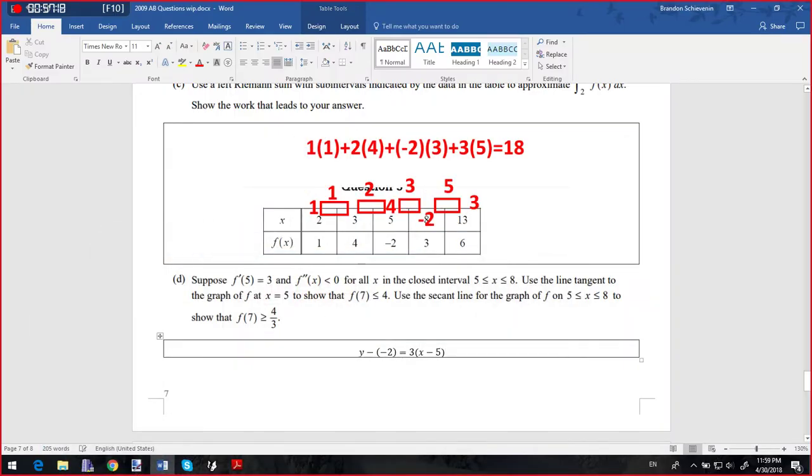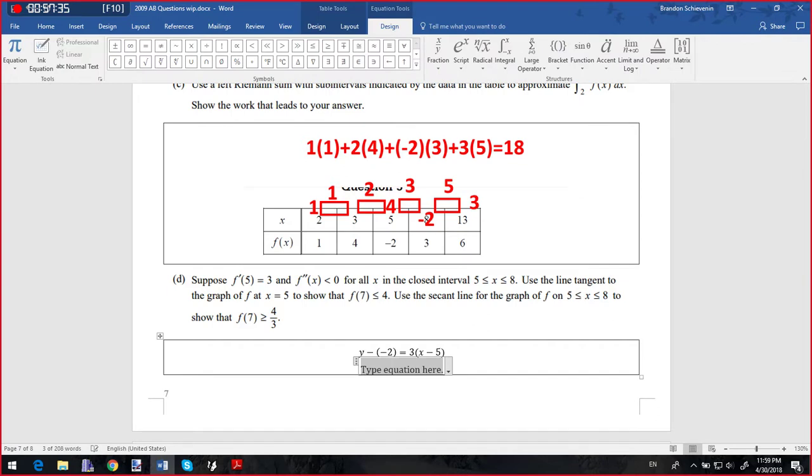Okay, so I'm going to use this tangent line, and we're going to change our x value to x equals 8. And that will give us an overestimate. Okay, so my equation of the tangent line is this. Simplify this really quick. This is y plus 2 is equal to 3 times x minus 5.